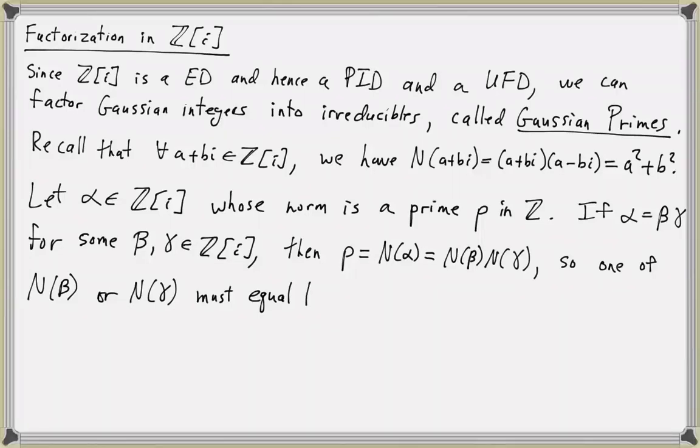So one of norm beta or norm gamma must equal 1, and the other must be equal to p.